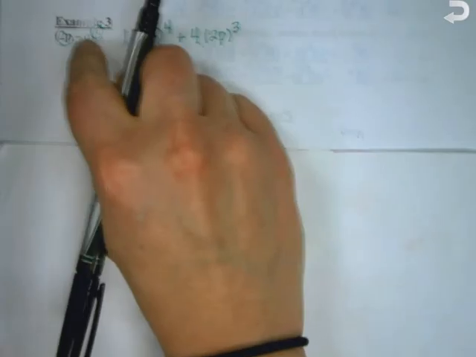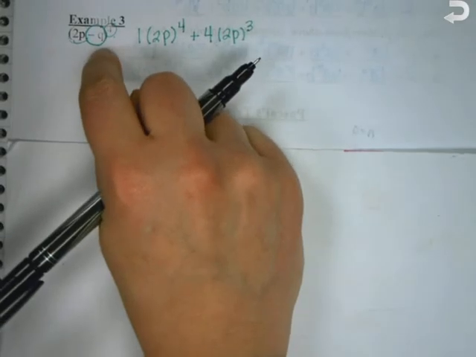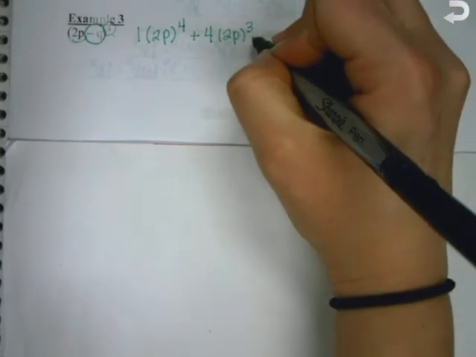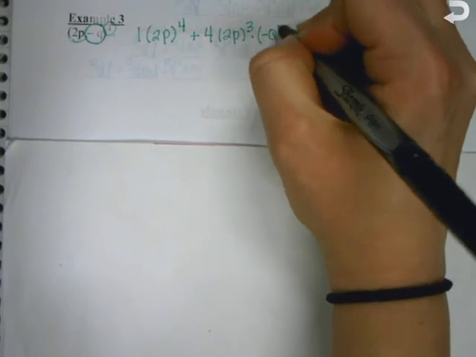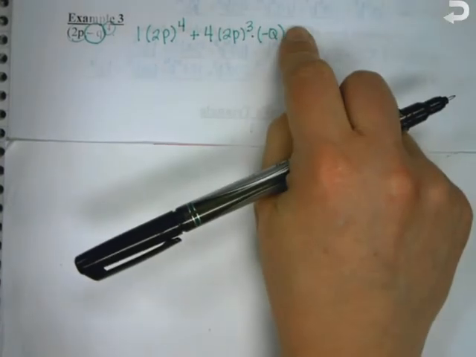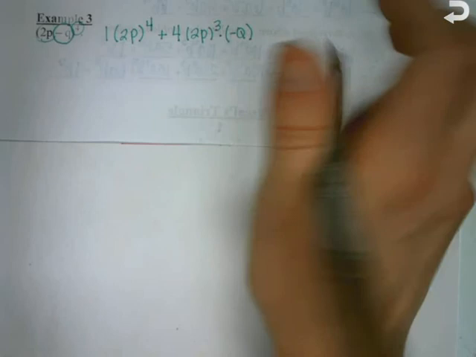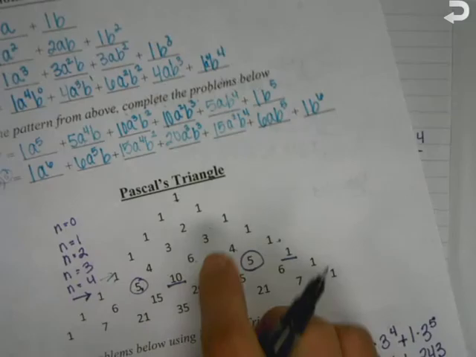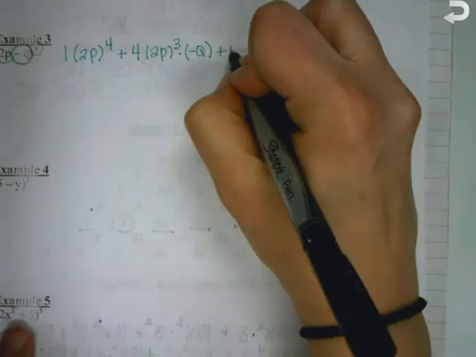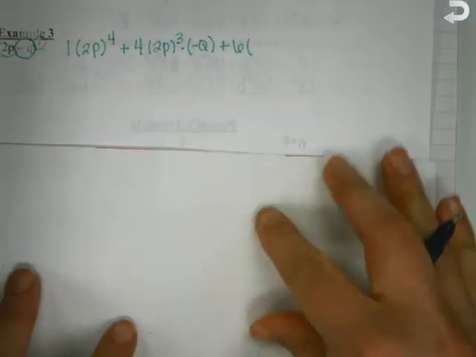Plus, in Pascal's triangle, the next coefficient is what? 1, 4, 6. So plus 6. My A term, which is 2p, to the what power? To the 2nd, times negative q to the 2nd. Raise the 1 to add 1 to that exponent.